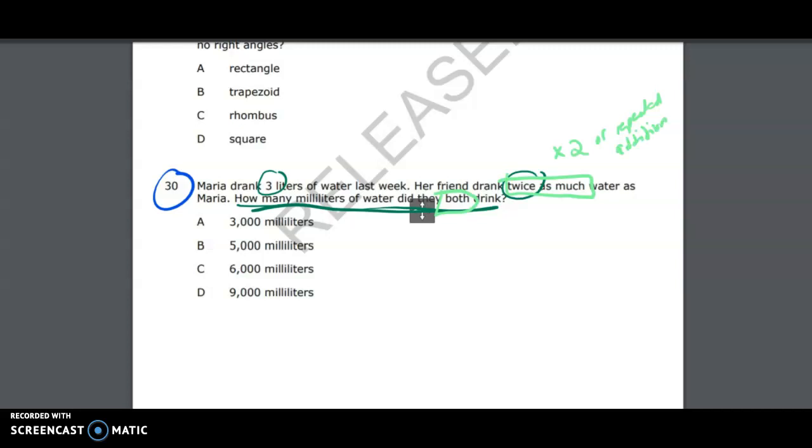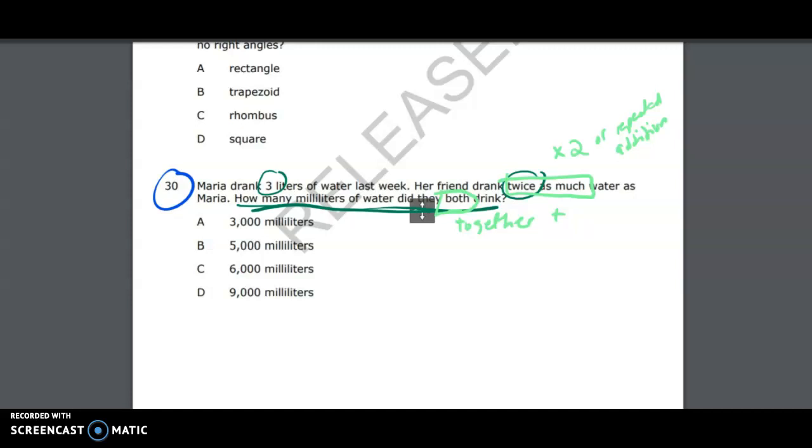But it's twice as much, 2 times. Both. How many milliliters of water did they both drink? This means together. So when you say both, this indicates that you have to add. This is going to be a multi-step problem where you have to do some type of multiplication, and then an addition. Let's go on and figure out what they both drank.